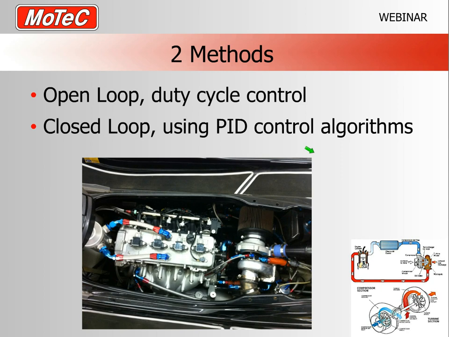Large turbo versus small turbo, large engine versus small engine, everything affects how the boost responds for a given request by the computer. The computer works in microseconds, but the actual turbo system is very slow to respond by comparison.